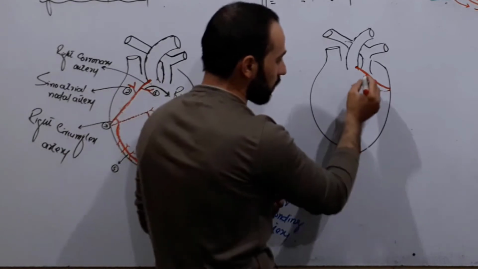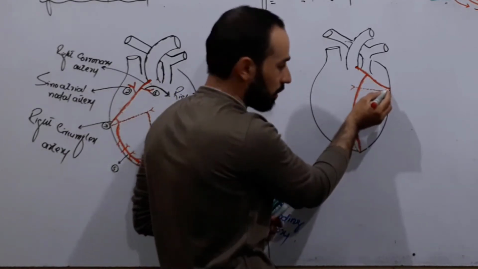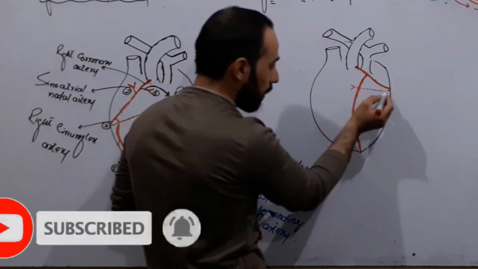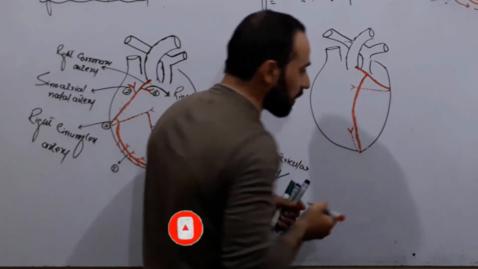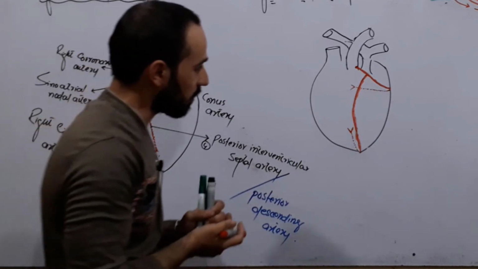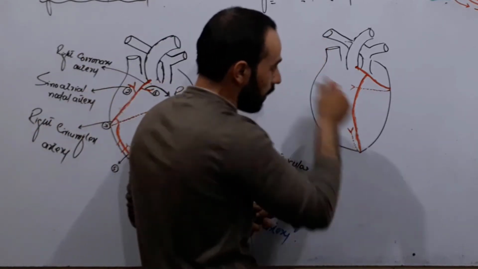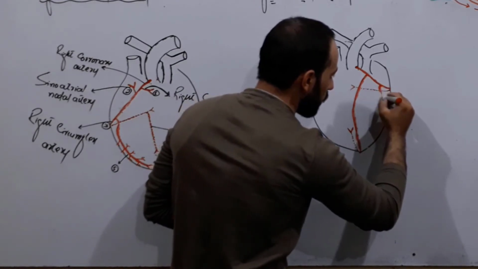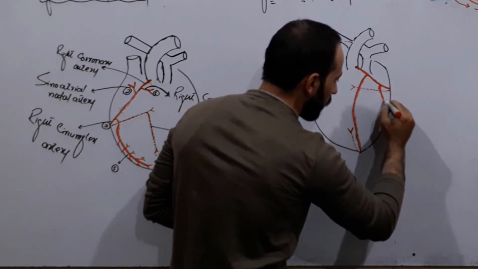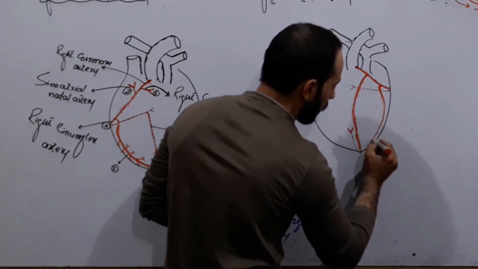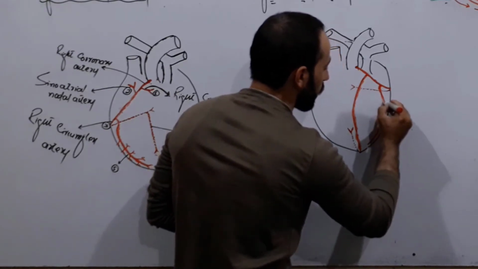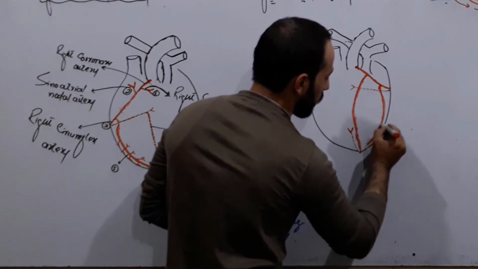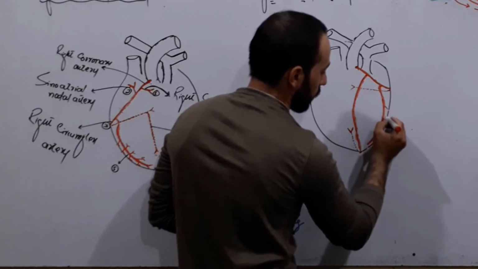So here also the left coronary artery moves on the left side on the left atrium and then turns back, and this artery is called the left circumflex artery. Okay, I will tell you the name. Next, from here a branch arises, and this branch goes down on the left margin of the heart. That's why we call it the left marginal artery.